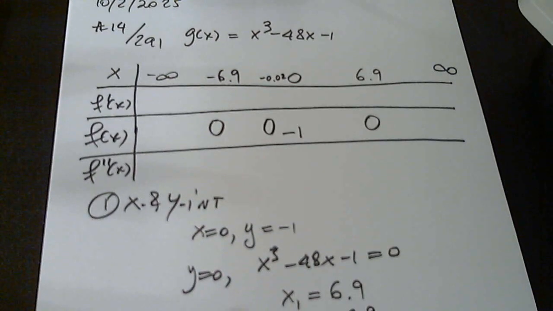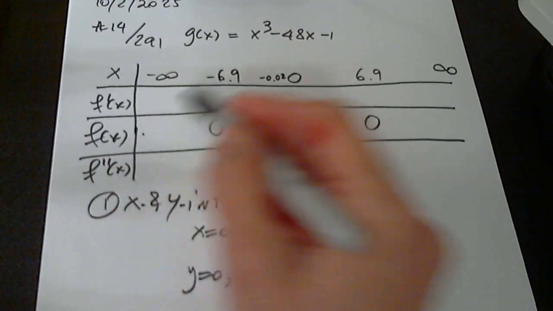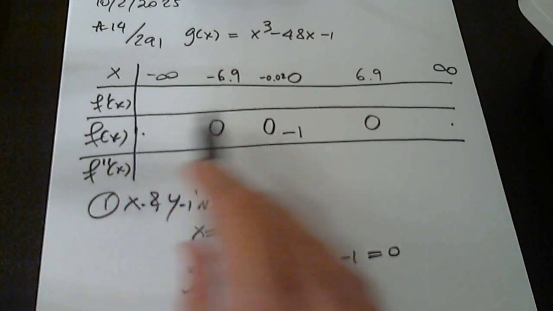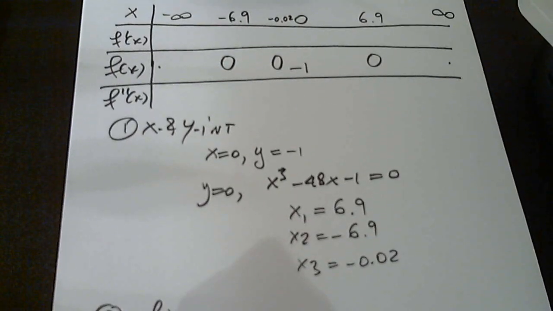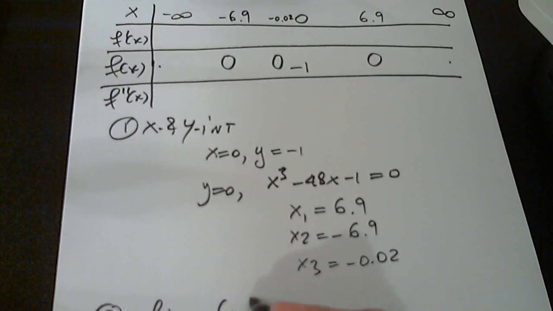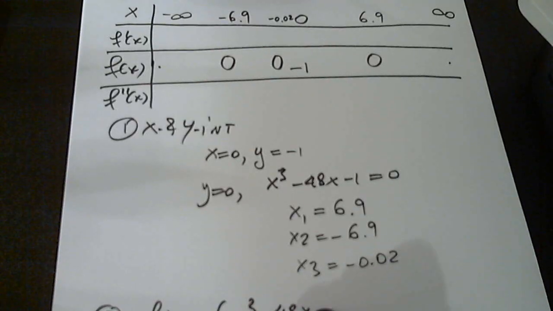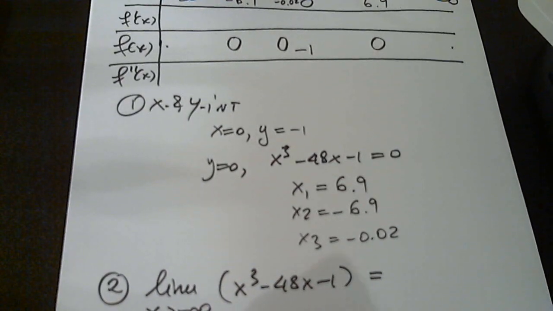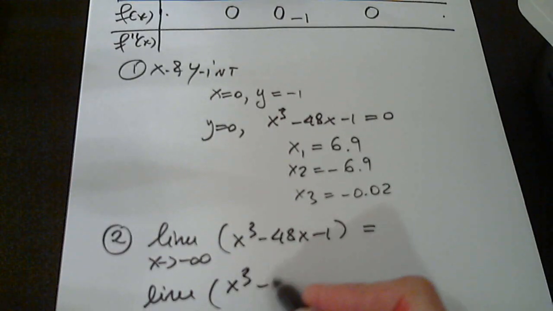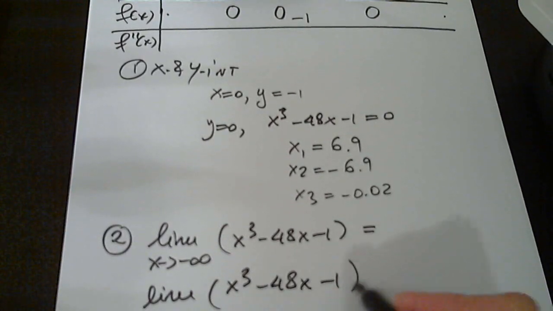Final step, I need to find the limits. The limit as x approaches -infinity of x cubed minus 48x minus 1, and the limit as x approaches infinity of x cubed minus 48x minus 1.